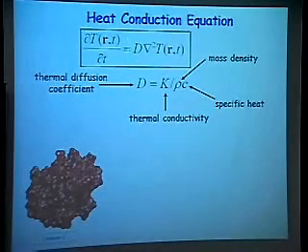Again, the kinetic coefficient which enters here is the thermal diffusion coefficient, D, which is related to the so-called thermal conductivity, which is characteristic of a material, to the density, and to the specific heat.